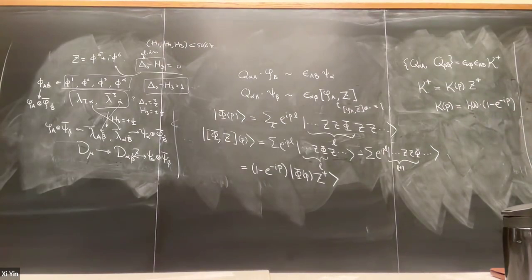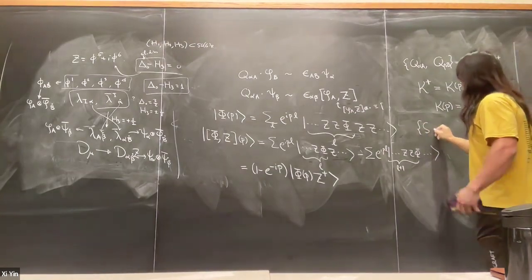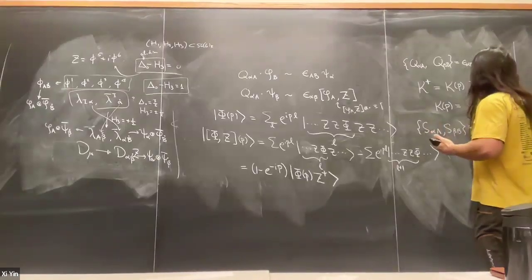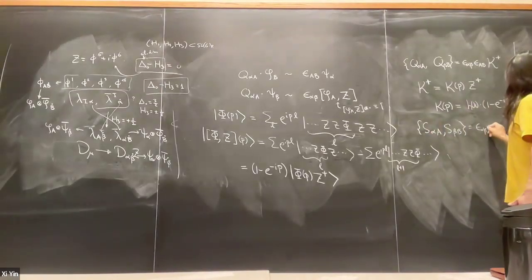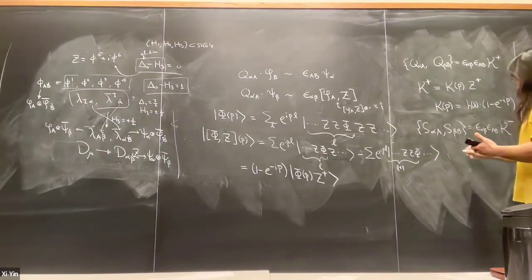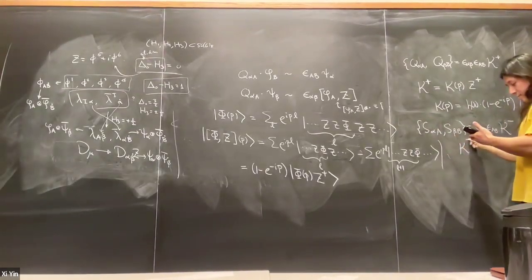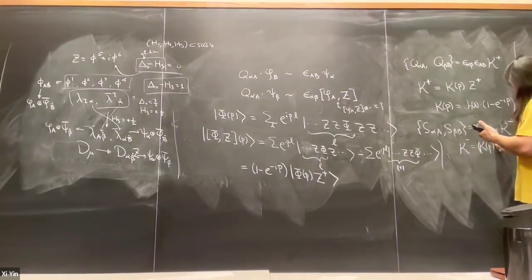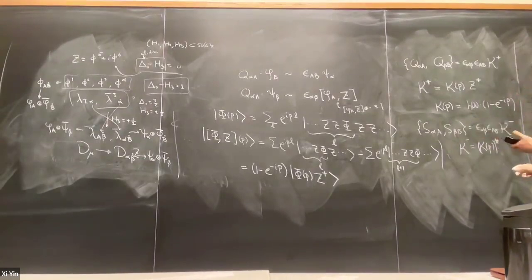In a similar way, you'll find that the anticommutator of S alpha A and S beta B is going to be equal to epsilon alpha beta, epsilon AB, curly K minus. Curly K minus will be equal to the same function K of P, complex conjugated, so there's a plus iP there, and Z minus.